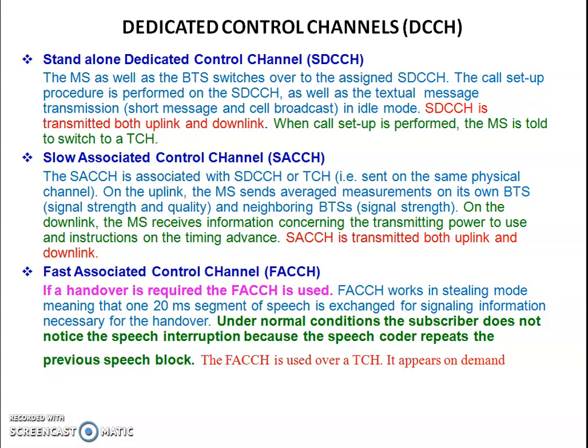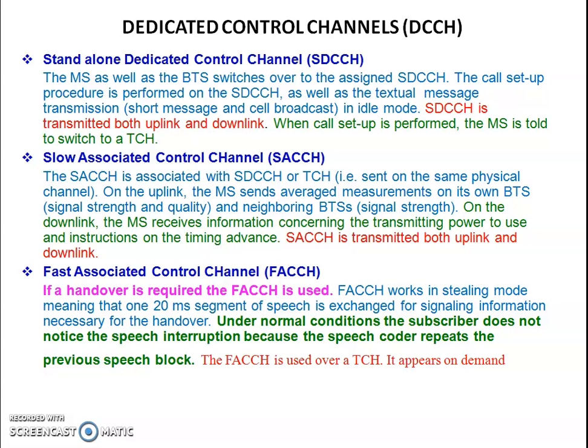The mobile station is told to switch to a traffic channel. Once the call is set up, the mobile station is told to switch to the real traffic channel. Next, the slow associated control channel, SACCH. The SACCH is associated with the standalone dedicated control channel or the traffic channel.